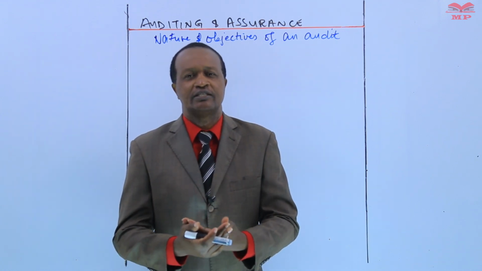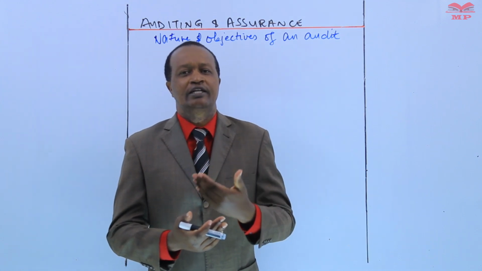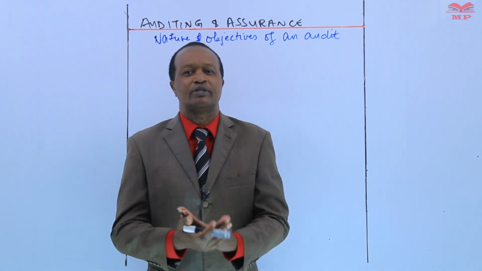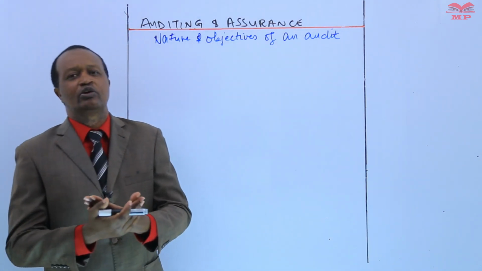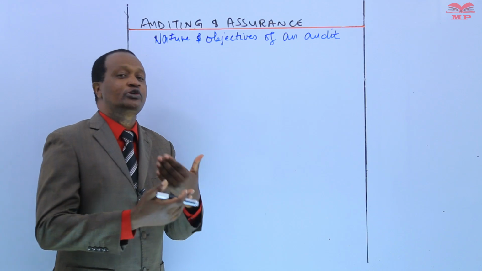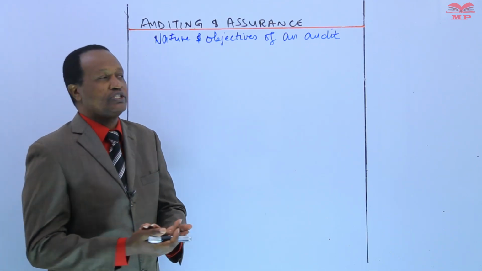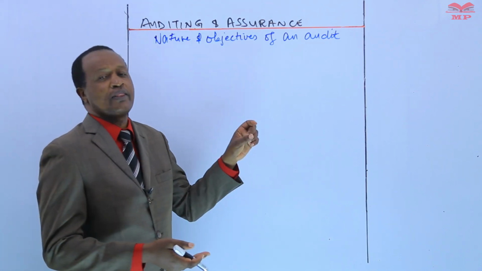And to mitigate the agency problem, there is need to have an independent examination of an organization's financial statements, records, and operations, which is conducted by a qualified professional known as an auditor, who may be an individual or an audit firm.